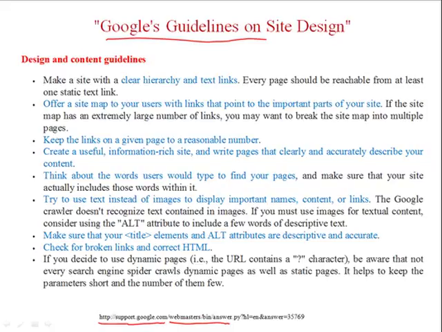Make a site with a clear hierarchy and text links. Every page should be reachable from at least one static text link. For example, suppose there is a personal website and there are links like study and professional experience.